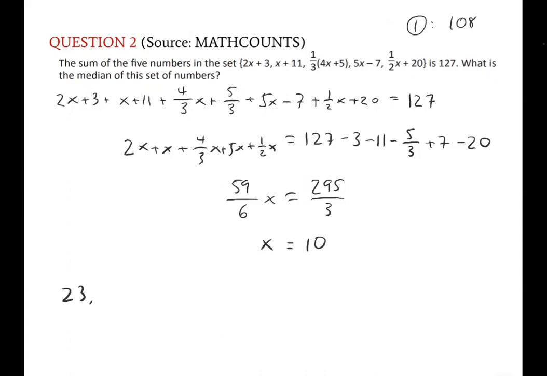For x plus 11, we get 21. For 1/3 times 4x plus 5, we get 15. For x times 5 minus 7, we get 43. And half of x plus 20 gives us 25. So just seeing this, our median, our middle number, will have to be 23.